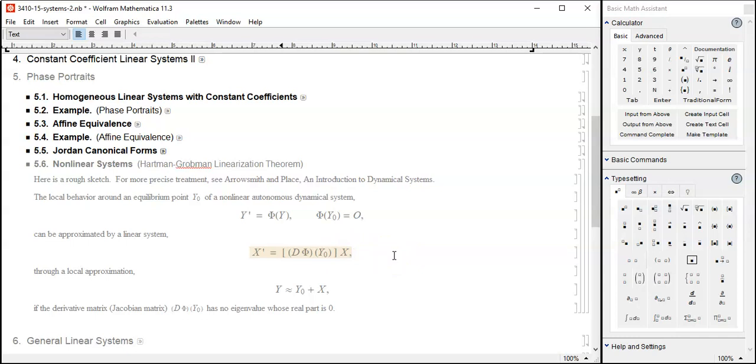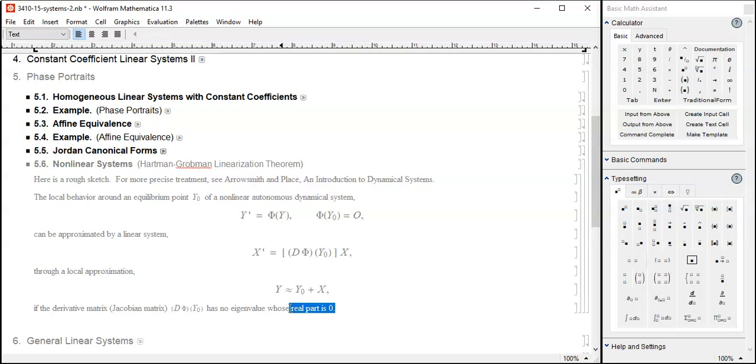provided that certain conditions are met. If the derivative matrix has an eigenvalue whose real part is 0, then that part is called a center manifold, and you have to take it away. Then we have to consider the unstable manifold and stable manifold separately, and the center manifold separately.